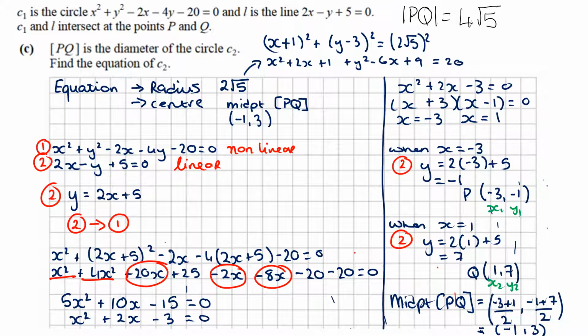Cleaning that up, x squared plus y squared plus 2x minus 6y. Apologies, I accidentally put an x in there, so that's y. And we have 10 minus 20, minus 10 equals 0, and that is our final answer here, the equation of circle C2.